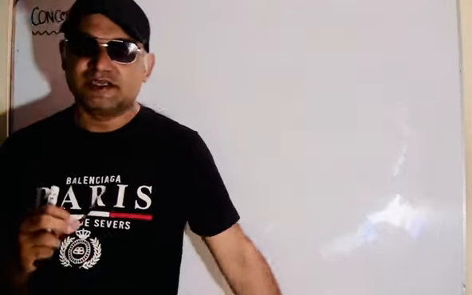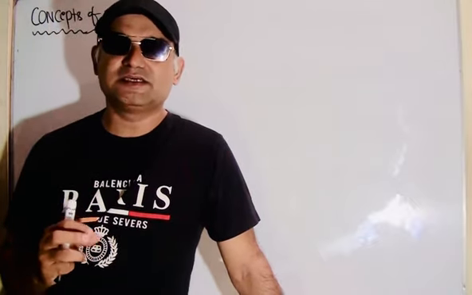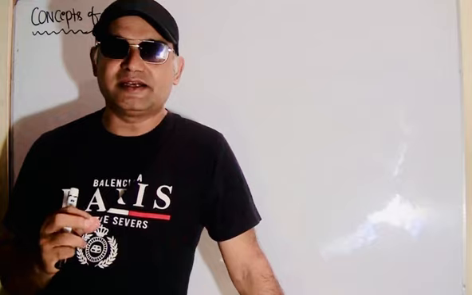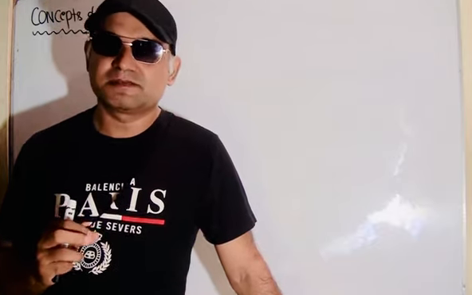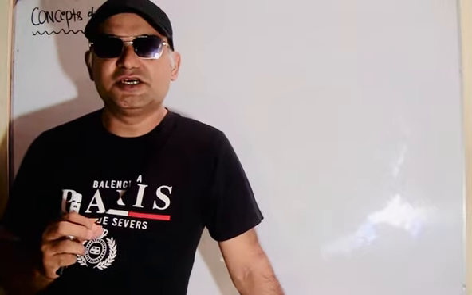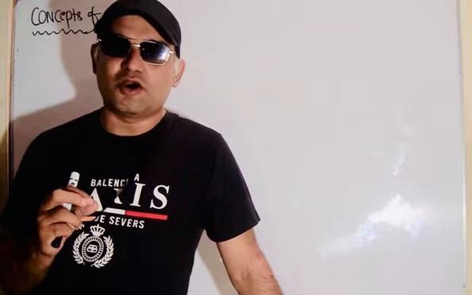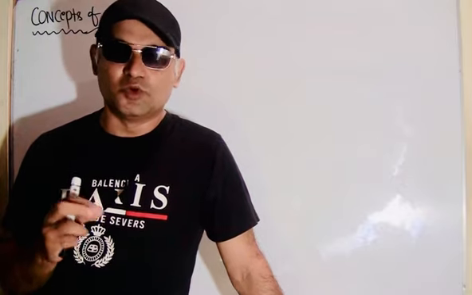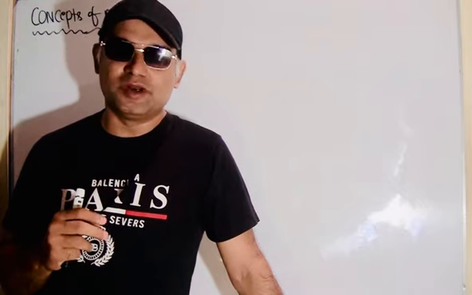Hello students, in the previous lecture we explained how we can calculate the number of atoms from a given mass of a substance. In this lecture we will talk about the different concepts of mole. Actually, there are three related concepts of mole.